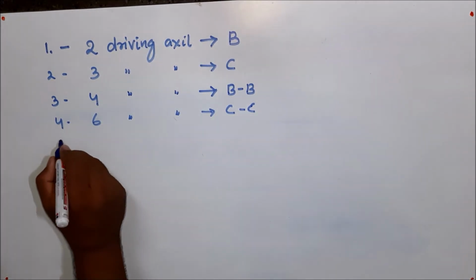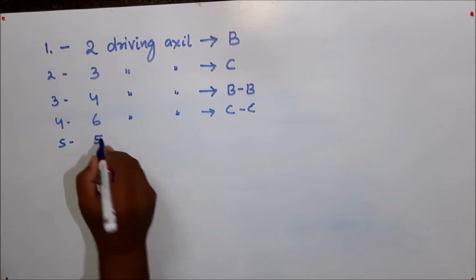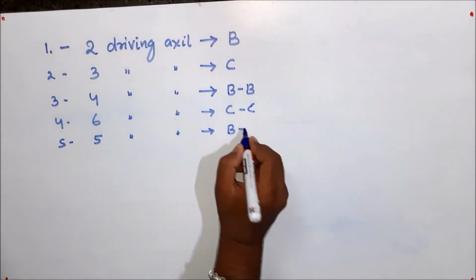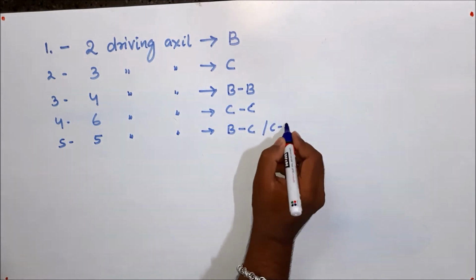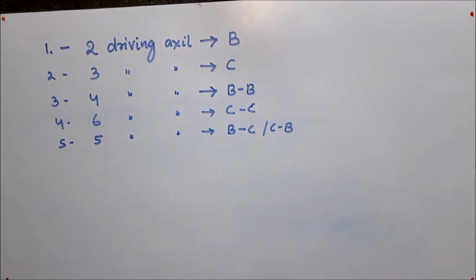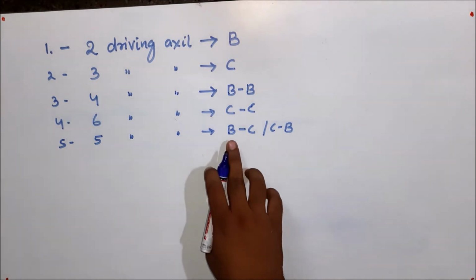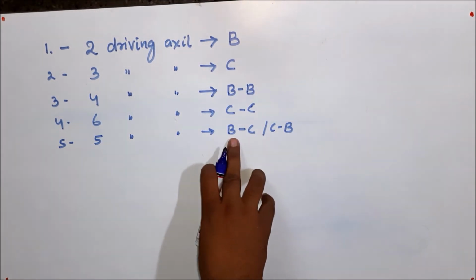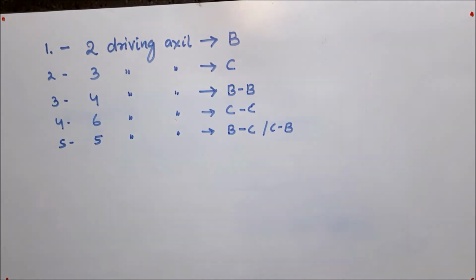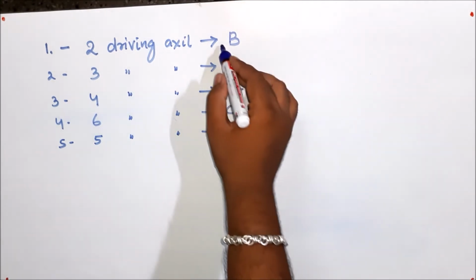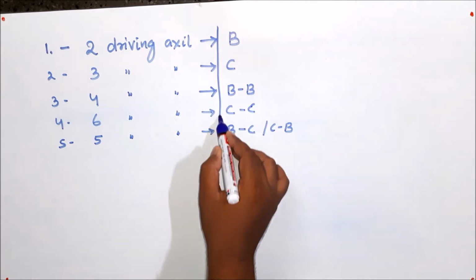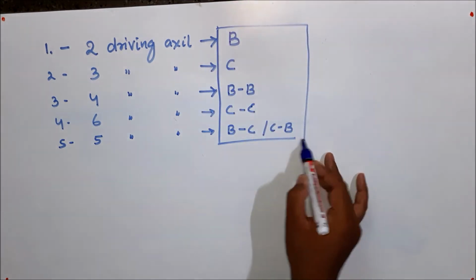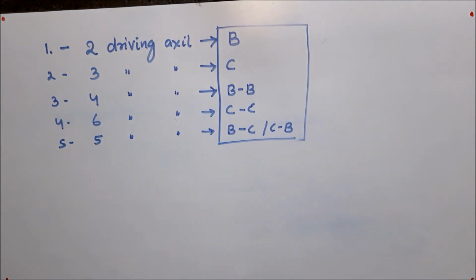If you go for five driving axles, it will be B-C or C-B. B stands for two axles, C stands for three axles, so 3 plus 2 is 5. These codes are for driving axles only.